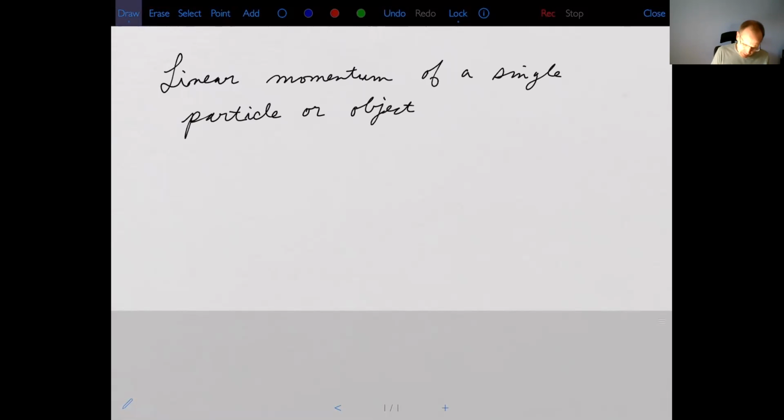Okay, so let's say I have some object. I'll draw it as a square. Let's assume it has a mass m, and let's say it has a velocity in this direction, right? So remember, velocity is a vector. Remember, momentum, which is also a vector, usually called P, is defined as the mass times the velocity.